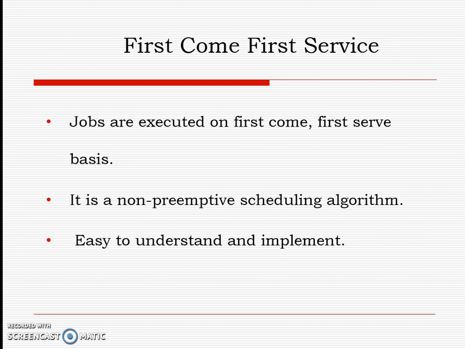So from the non-preemptive scheduling point of view, there are two cases in which the CPU is released: one is the process completes, the other is the process needs some input output.